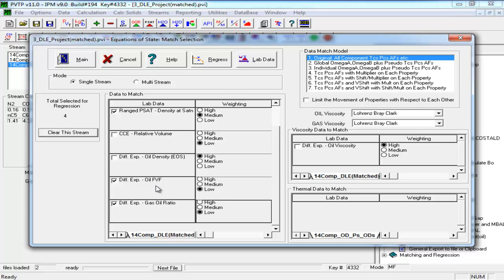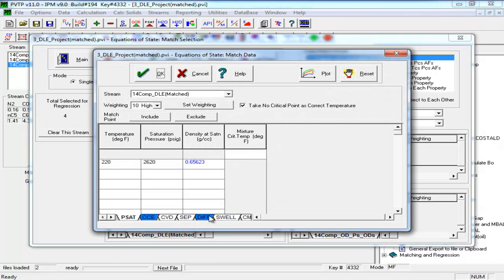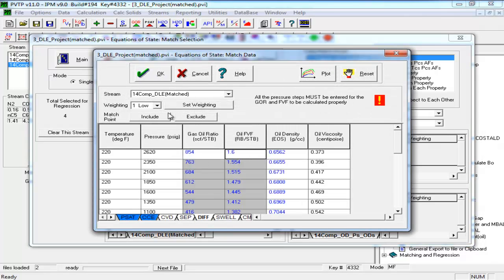I have changed the weights here. Low, low. And here we take only the first point or the most important point. So you can see that here again, this is the point and this is the point.